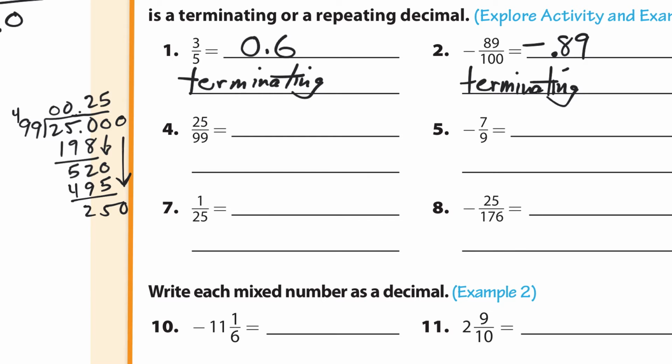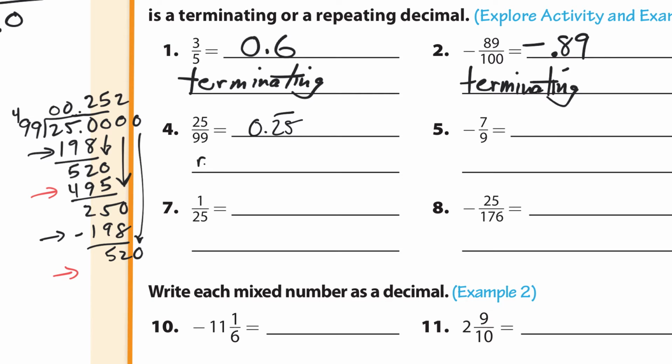See, this is going to repeat because this is going to go in 2 times, so that's going to be 198, and then this is going to be 52, 0. It's just going to repeat. See, the 198 repeats and the 495 repeats, and it'll just keep going on and on and on. So it's 2525252525. And so that's 0.25, and the 25 repeats. So that's repeating.